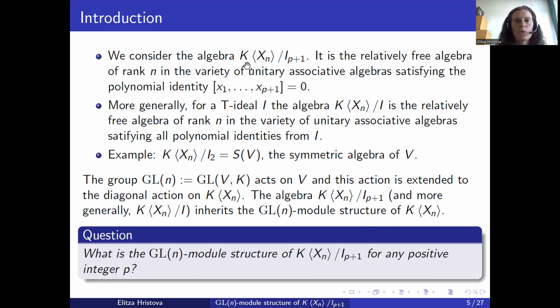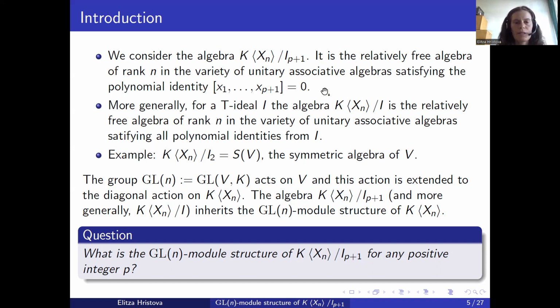And this is the quotient algebra of the free associative algebra modulo the ideal generated by all commutators of length p plus 1. This is a PI algebra, and moreover, it is the relatively free algebra of rank n in the variety of all PI algebras that satisfy this polynomial identity. Why is it called the relatively free algebra? Because it is the free object in this variety of all algebras satisfying this identity.